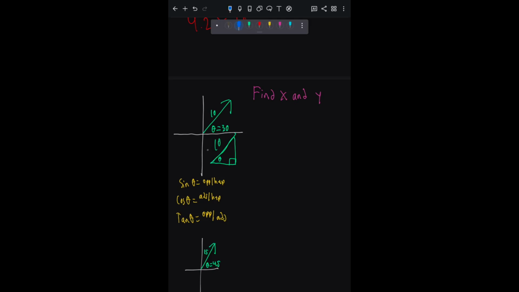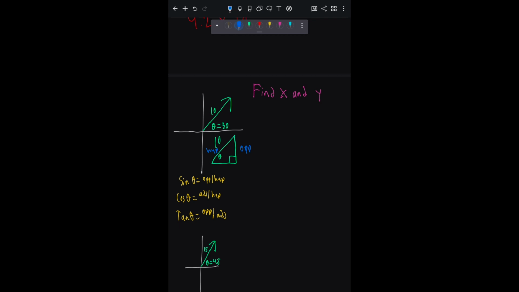So 10 is the hypotenuse because it's the side opposite of that little square. Whatever side's opposite of theta is the opposite side. And then whatever's left is the adjacent, also because it's right next to theta.